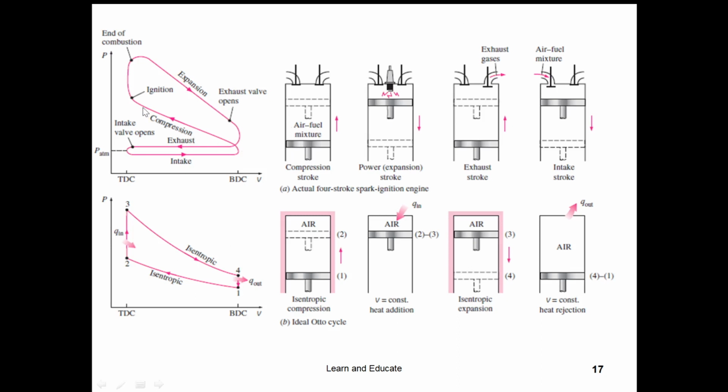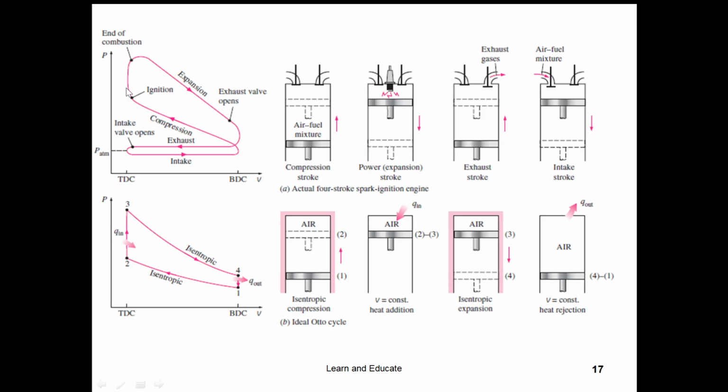Then second is the compression stroke, it is shown here, and the third process is the expansion stroke. So here, since the heat addition is taking place at a constant volume when the piston remains at the top dead center, that is not a stroke. I hope you understood.